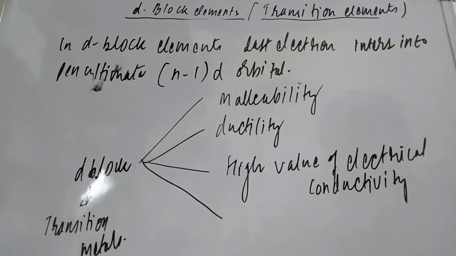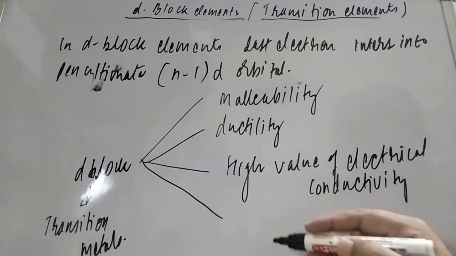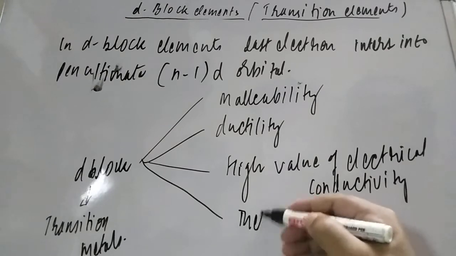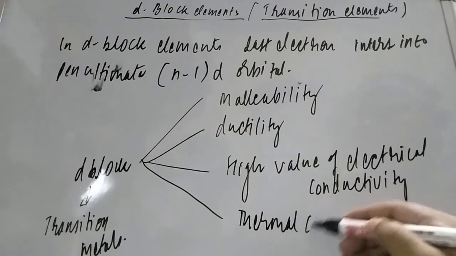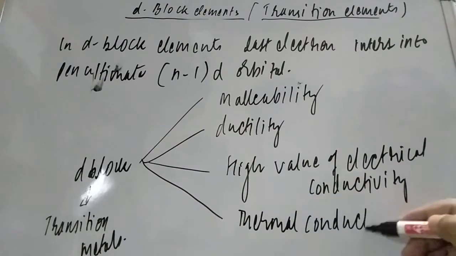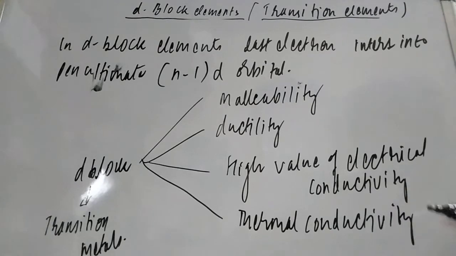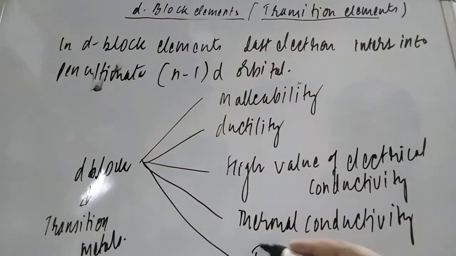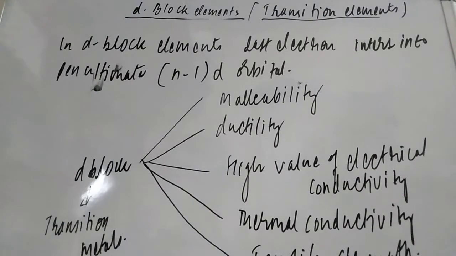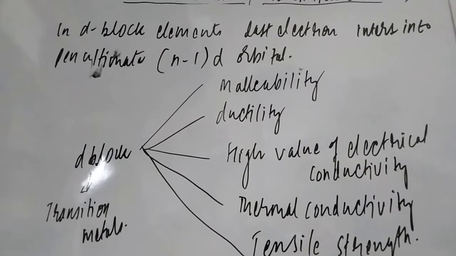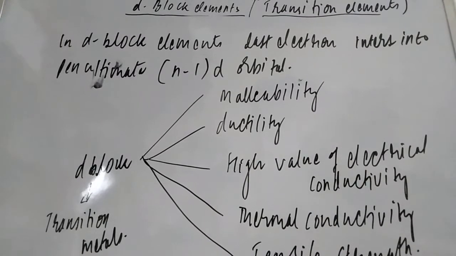That is why they are known as transition metals: because they have some of the metallic properties.